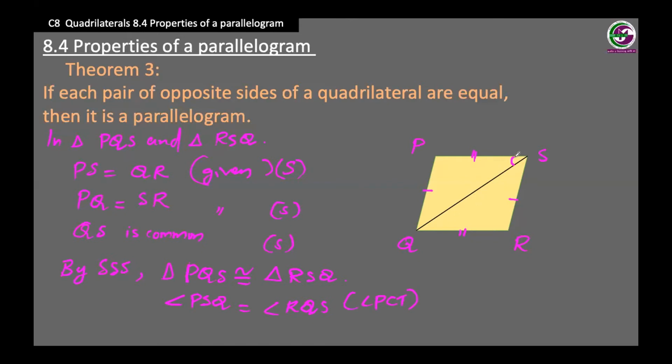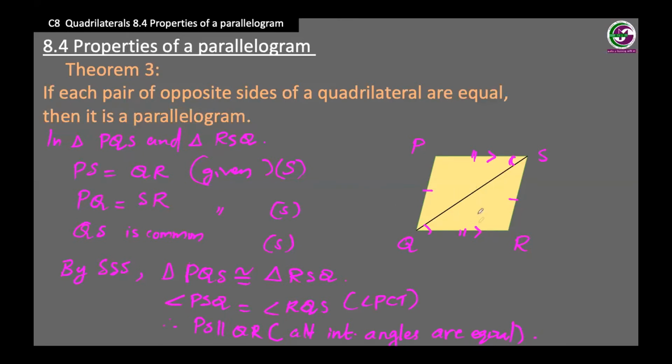If these two angles are equal, which shows us alternate interior angles are equal, so these two lines are parallel. Therefore, PS is parallel to QR because alternate interior angles are equal. So if alternate interior angles are equal, the sides are parallel.